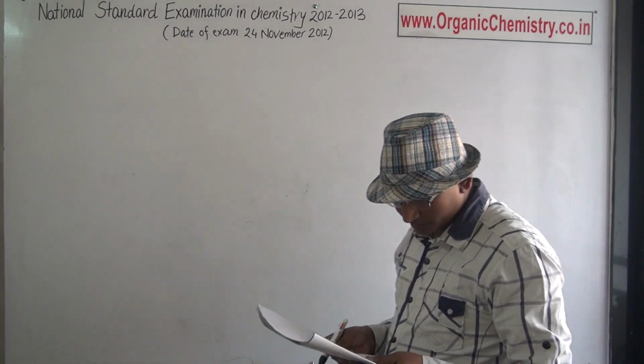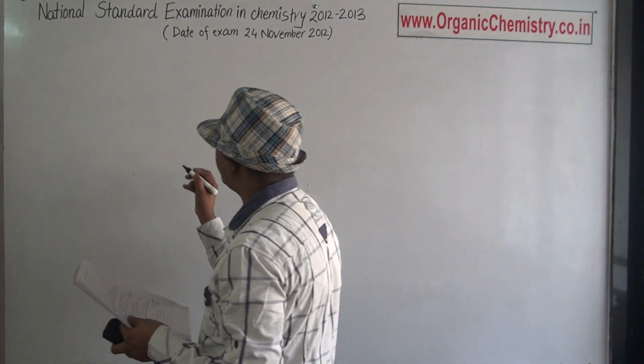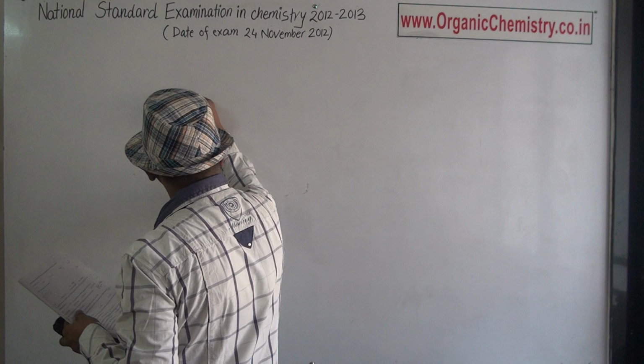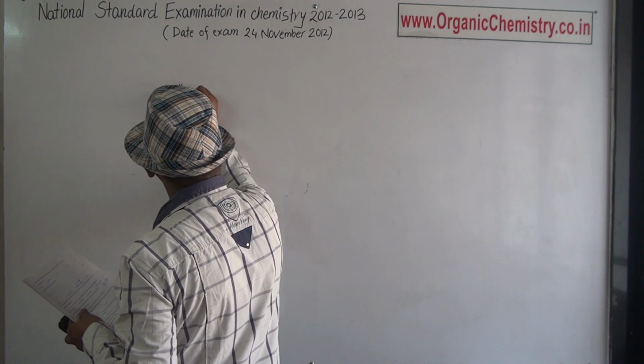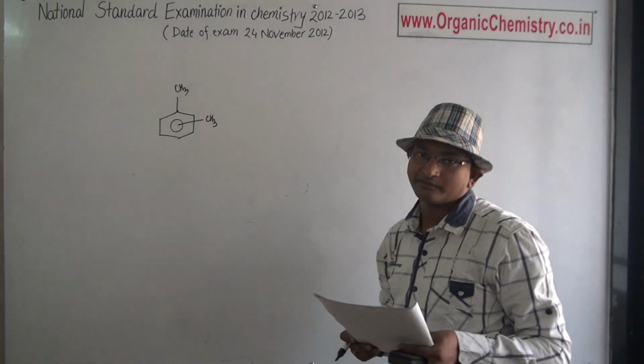The second question asks which isomer of xylene is... Xylene is dimethyl substituted benzene.